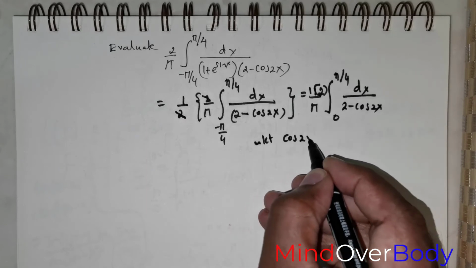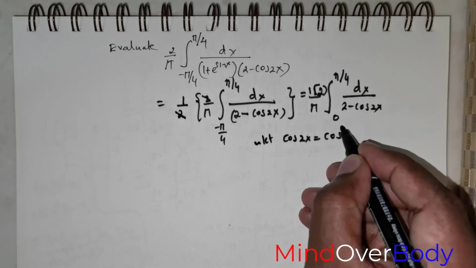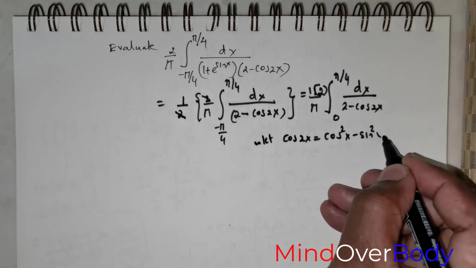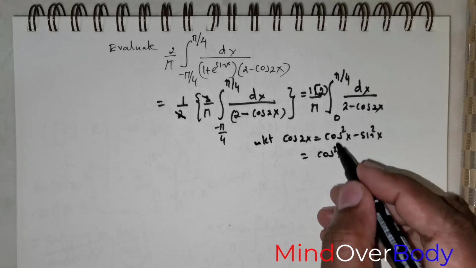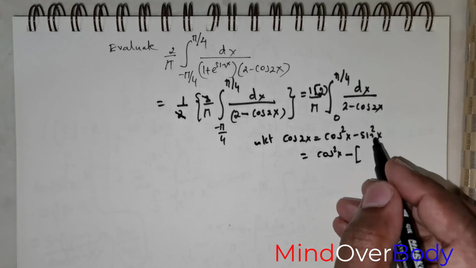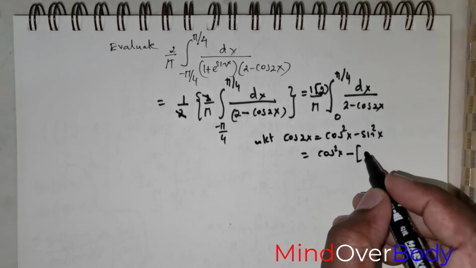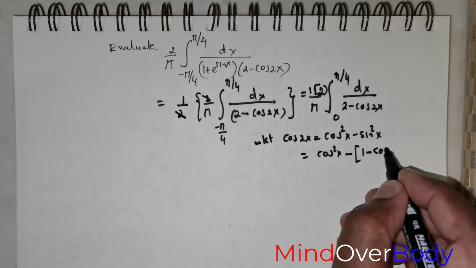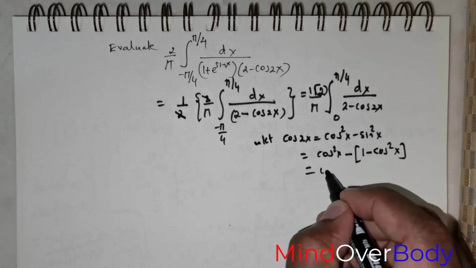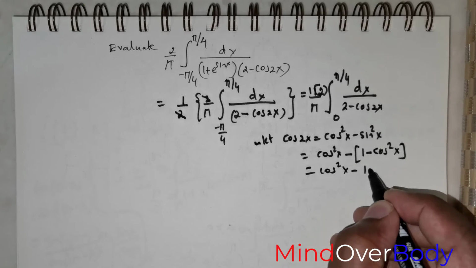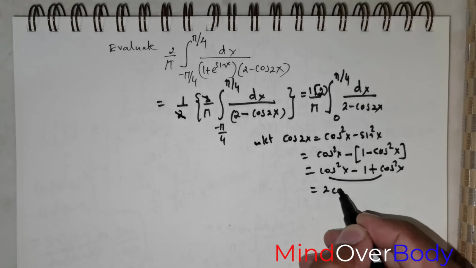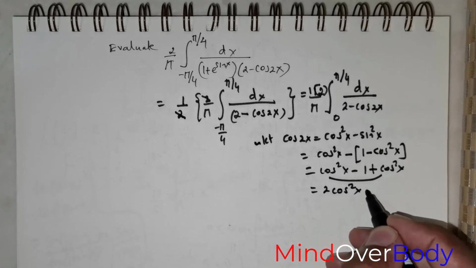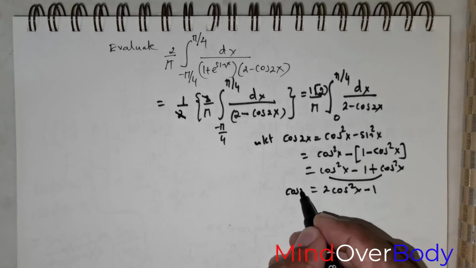Cos 2x is equal to cos squared x minus sin squared x. I'm going to retain cos squared x as it is, but I will rewrite sin squared x as 1 minus cos squared x. So this is equal to cos squared x minus 1 plus cos squared x. I can add these two to give 2 times cos squared x, followed by a minus 1. So what is this? This is my cos 2x.